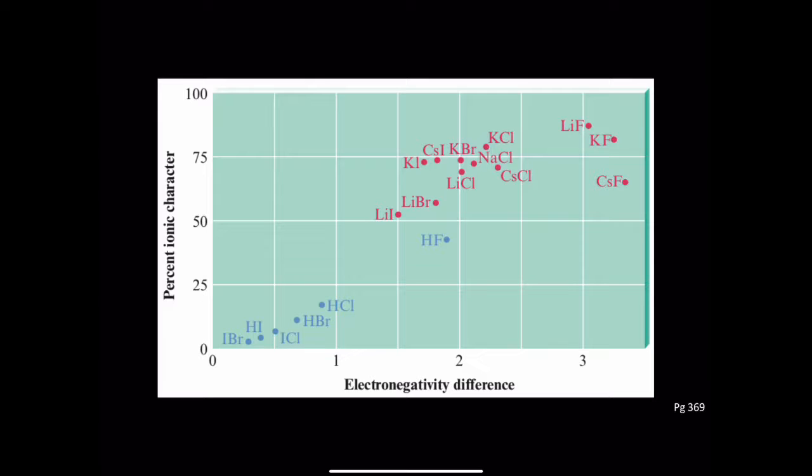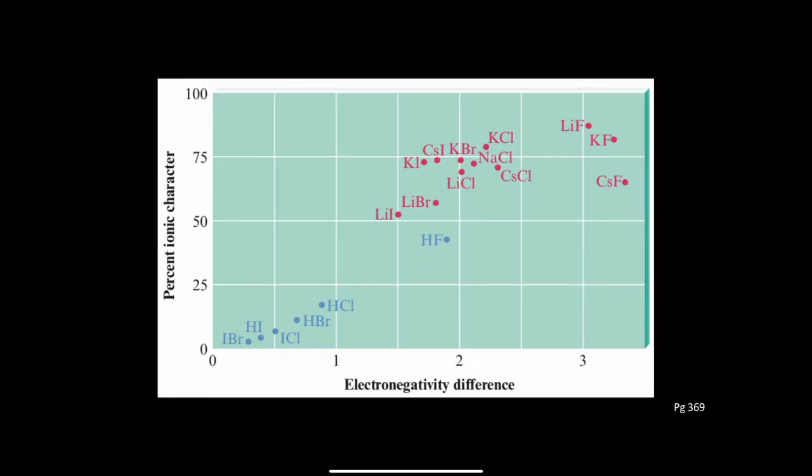HF has a pretty large electronegativity difference, but its character that we've seen in labs through experiments is that it's less than 50% ionic, and so we still consider it polar covalent, not ionic. Whereas lithium iodide, for example, has about 1.5 electronegativity difference between the two atoms, but it has a greater ionic character than 50%, so we consider it to be an ionic bond.